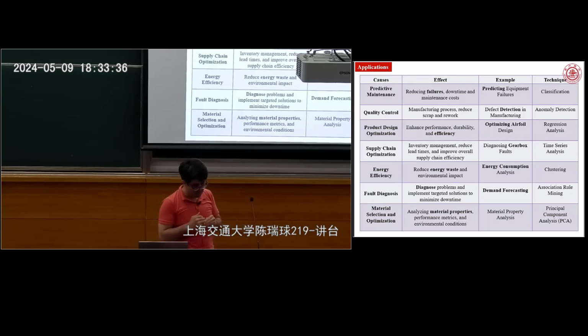You can see in the effect column what the effects are in these data samplings. You want to reduce failures, costs, or maintenance, or increase performance efficiencies, especially harvesting energy or decreasing energy waste.